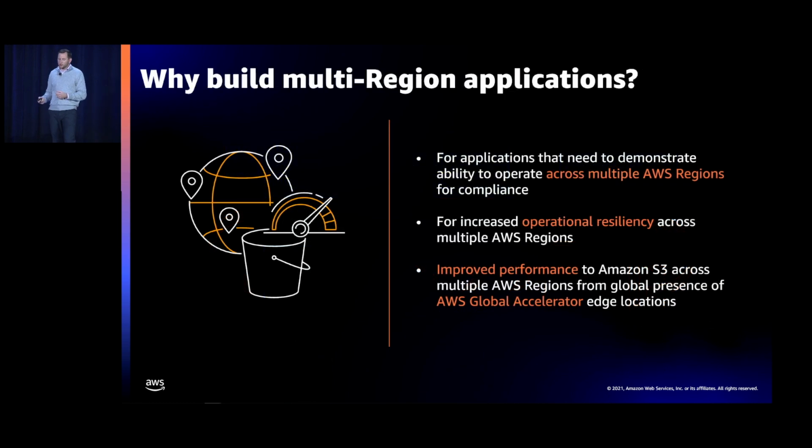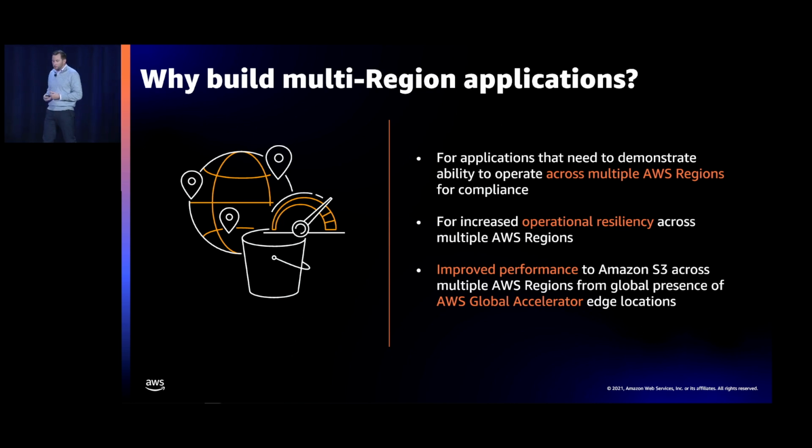So with 11 nines of durability and multi-AZ resiliency and high availability, most customers build applications that use a single AWS region. However, there are some customers who choose to build applications that span across multiple regions. And there's a few reasons that they might do so. Perhaps they need to demonstrate that ability to be able to operate across multiple regions for compliance.